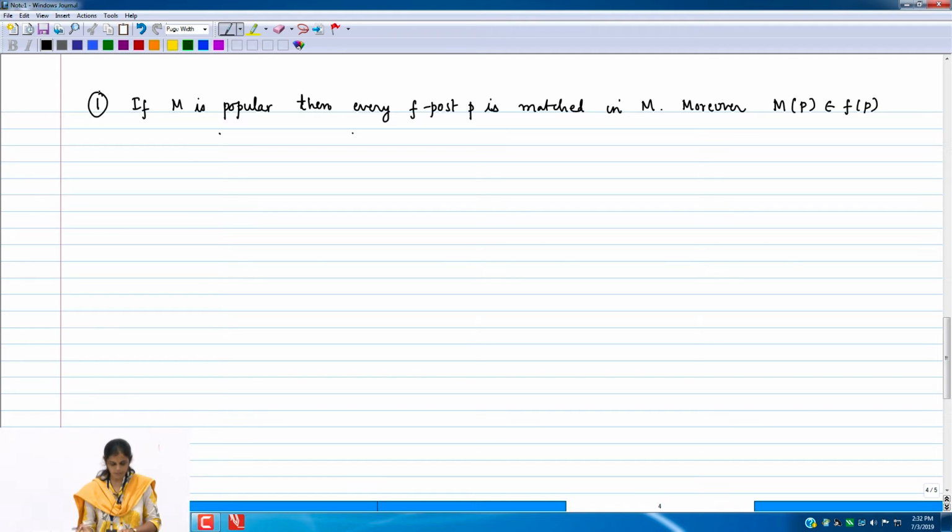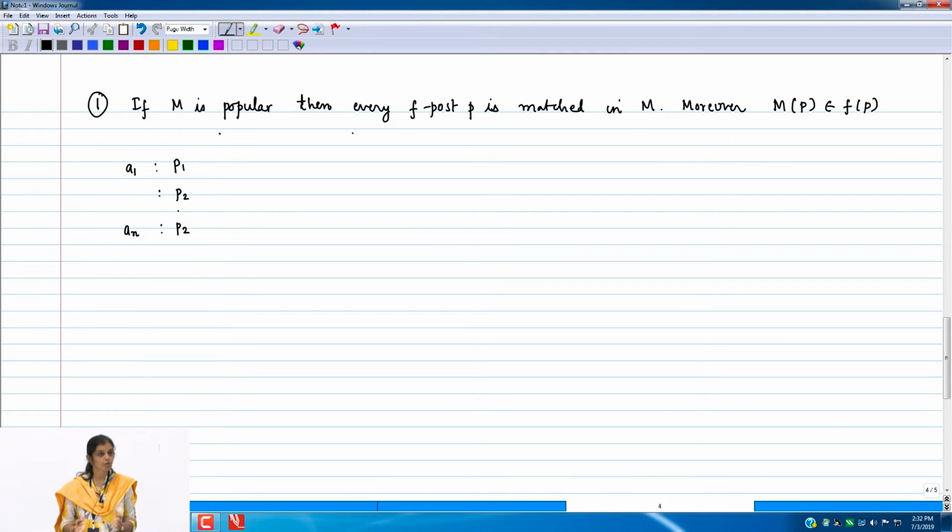Now if you look at the preference list, this is an abstract instance A1 to AN, and there are these F posts, some P1, P2. I don't know whether the F posts are unique and so on, but there are some F posts. What we are saying is that these F posts have to be matched, and they have to be matched to somebody who treats it as a rank 1.